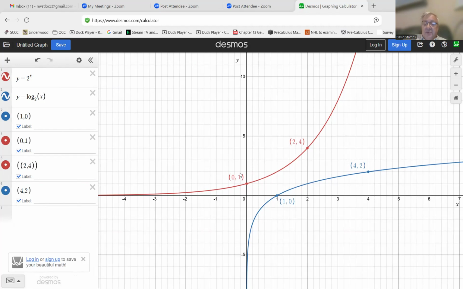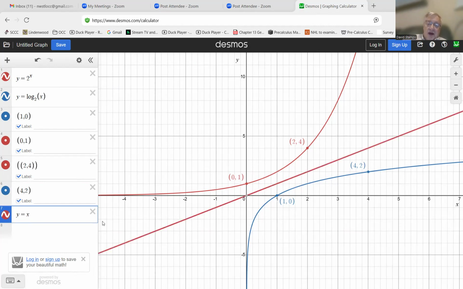Every time you have a point on the exponential, if you turn the coordinates around, you'll have a point on the logarithm graph. And in fact, if I graph the line y equals x, let me make it dotted, the logarithm graph, the blue one, is a reflection of the exponential graph across the line y equals x.